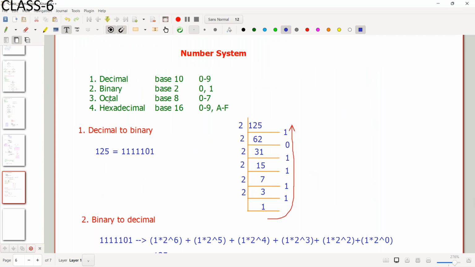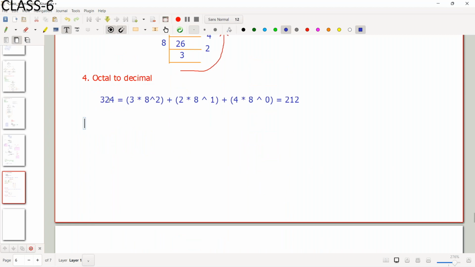Now the next one is decimal to hexadecimal and back to decimal. So we will consider a number. From decimal, we have to convert to hexadecimal.